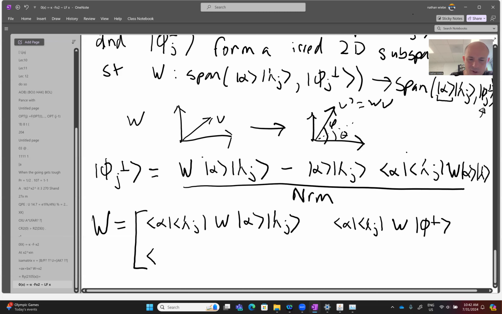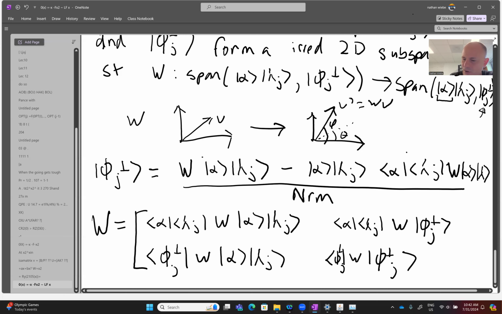Then down here, we'll have phi perp, W alpha lambda j, and phi perp, W phi perp. I guess there are j's here. This is the action of W on this irreducible two-dimensional space.